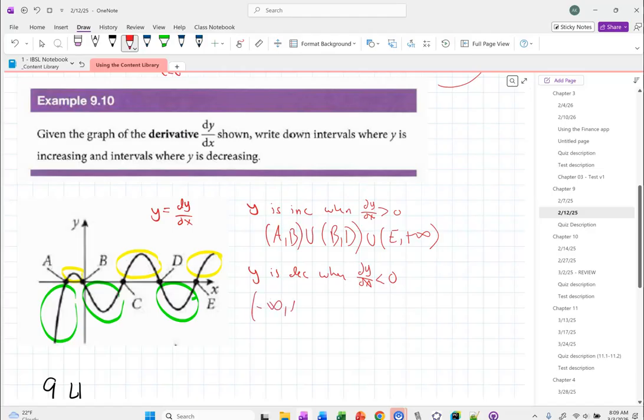Well, negative infinity to A, and then B to C, comma there, and then C to E. Done. Very easy. I just had to remember what increasing and decreasing mean in terms of a derivative. Again, increasing, derivative is positive; decreasing, derivative is negative.